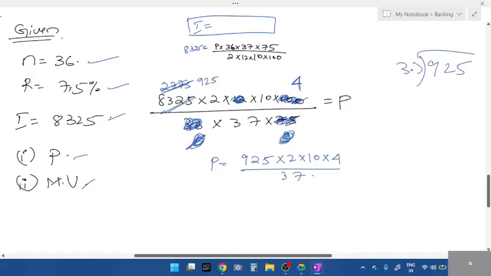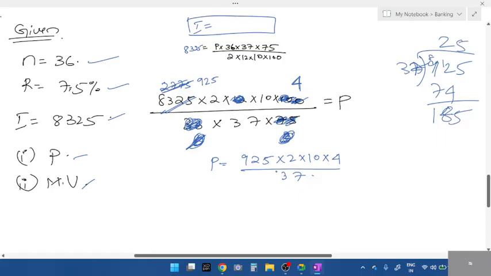925 divided by 37. 37 twos are 74. When you take, what's the value? 140, 185. So 37 goes 5 times.